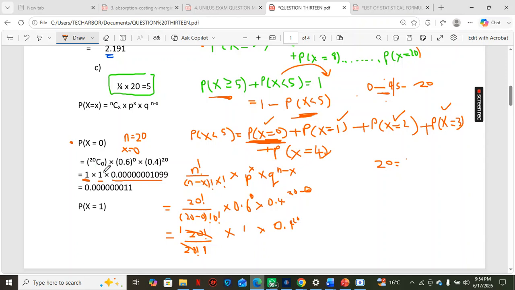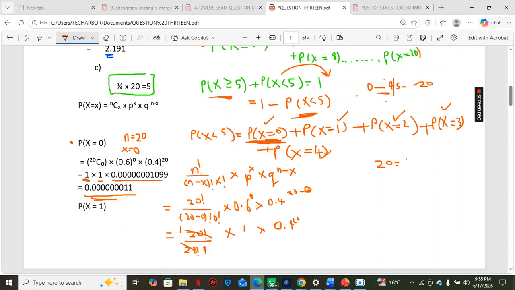So once you multiply 1 times this figure here, you get 0.00000000111. This is the probability that no student prefers working in the banking industry. Okay, these values are just giving us the probabilities of how many students prefer working in the banking industry. The probability that 0 students prefer working in the banking industry. Okay, very low probability.